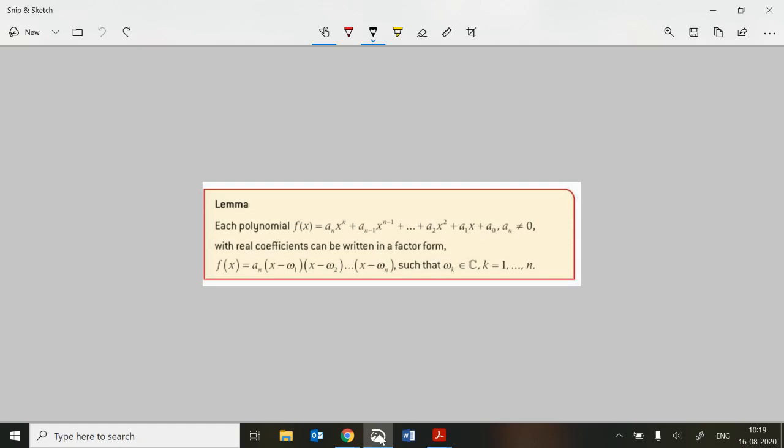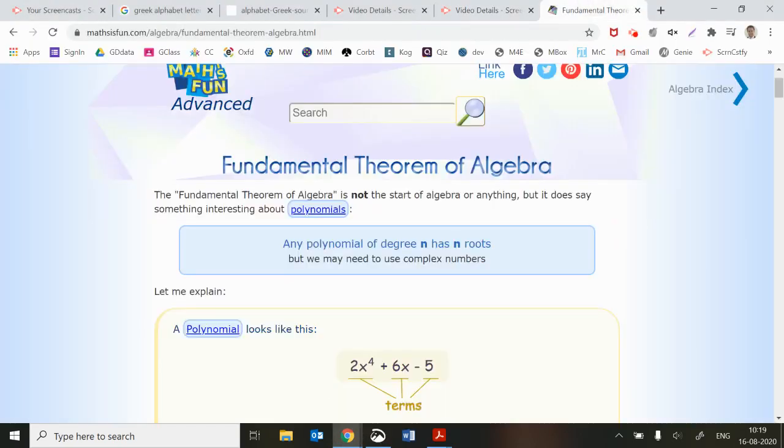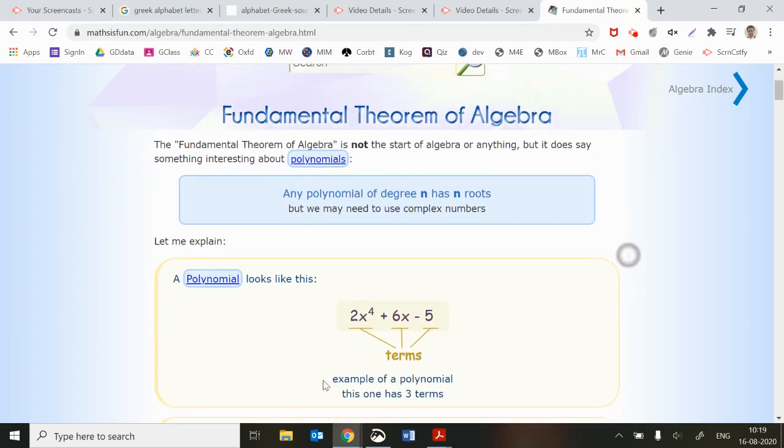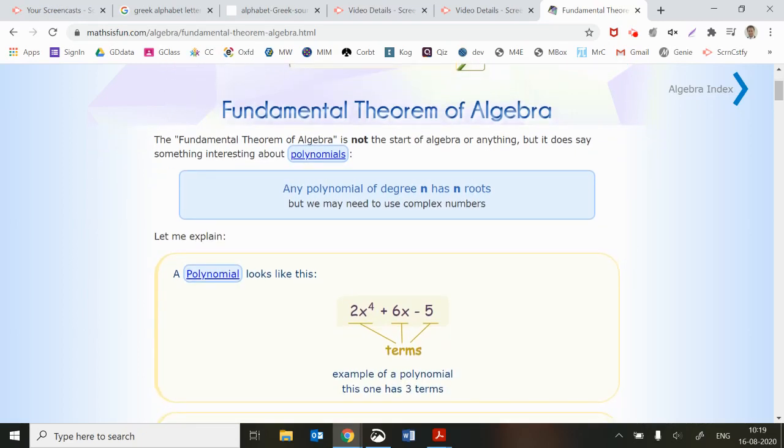Okay, now this is what I mentioned before, and if we just check this one out here, this is on the website Maths is Fun. It says the fundamental theorem of algebra is essentially any polynomial of degree n has n roots.